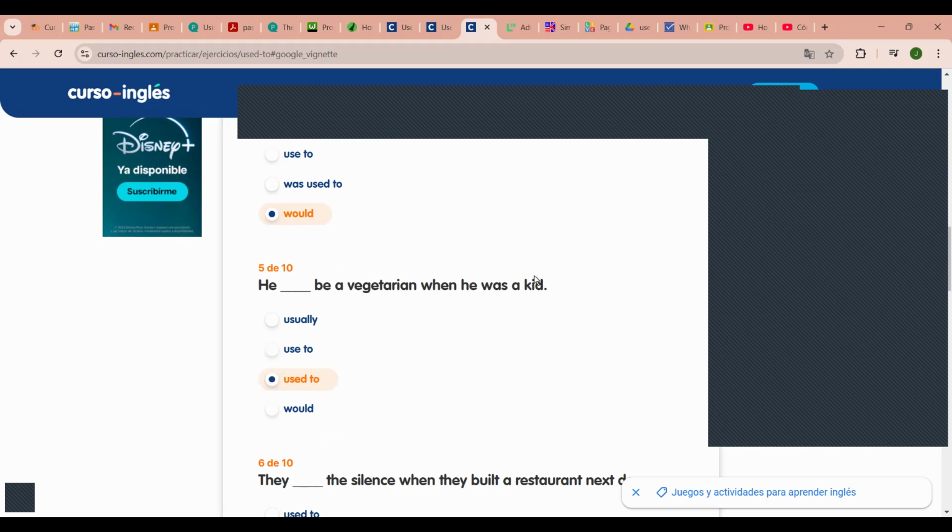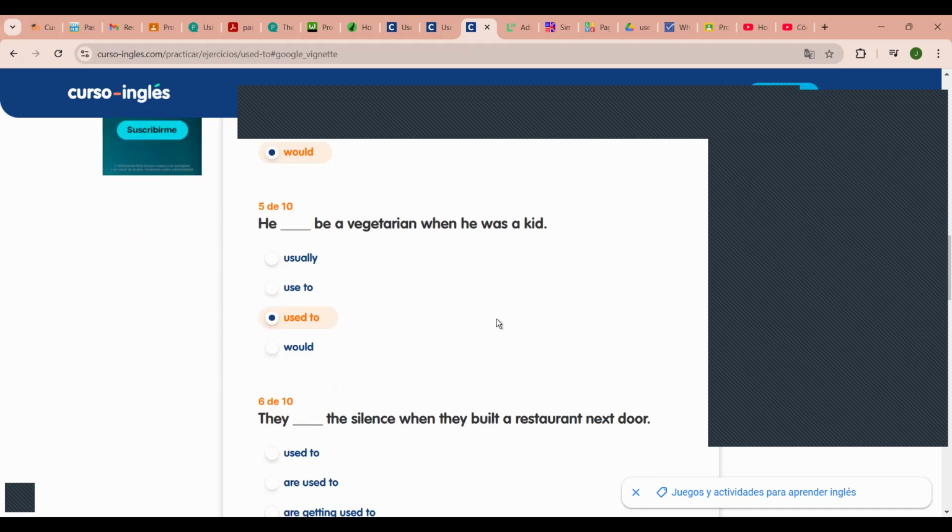Repeat. Sí, perdón. He used to be a vegetarian when he was a kid. Right. Kid is just another word for child. All right. When you're young.